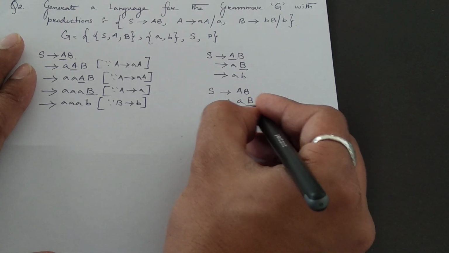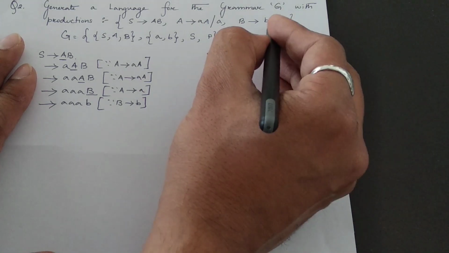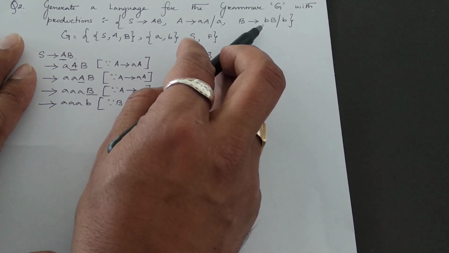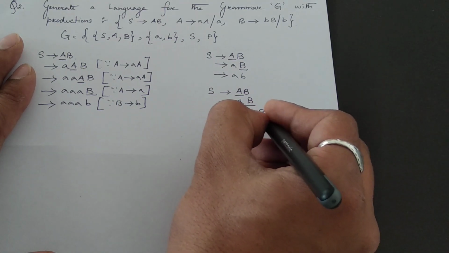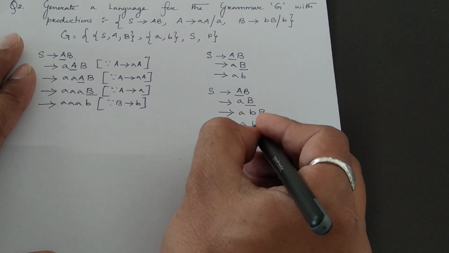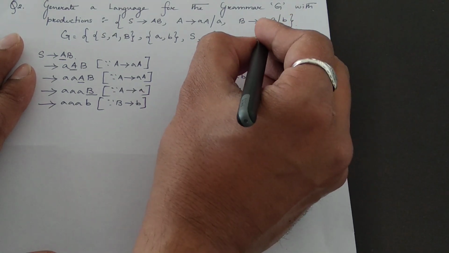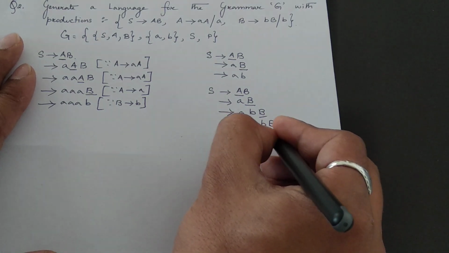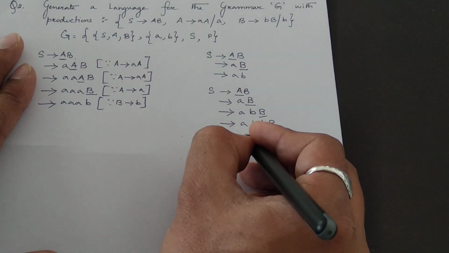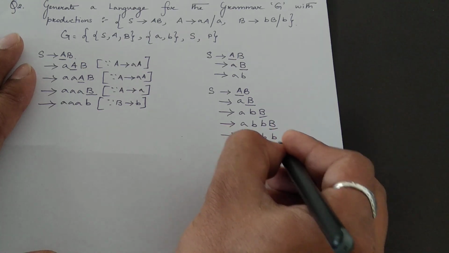Now for B, I will replace with the first production of capital B, like this, bB. Again I will replace B by the same first production. Then it will be bbB. And for capital B, I will replace only by small letter b.